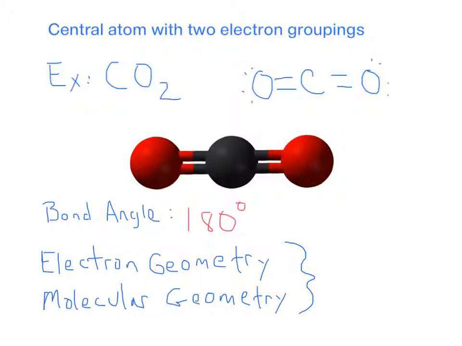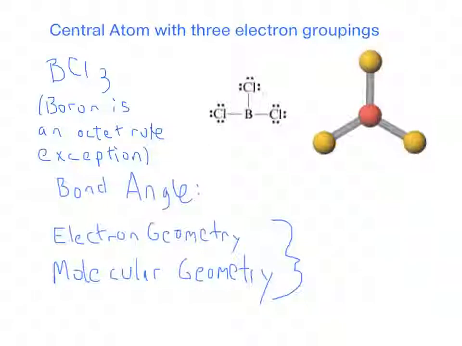But since there are no lone pairs around the central atom, in this case, the electron geometry and the molecular geometry are the same, and this one's the easiest one. It's known as linear. So this is a linear electron geometry and a linear molecular geometry. Remember, they will change and be different as we move on. So that's what we would expect anytime you have a central atom with only two electron groupings. Okay, next slide.